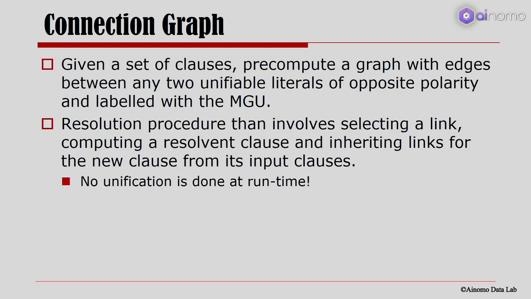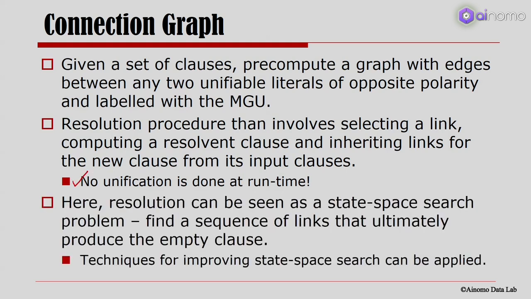One needs to realize that there is no unification at runtime. This can be seen as a state space search problem, where the idea is to find a sequence of links that ultimately produces the empty clause. Any techniques that I can use for improving state space search can be applied here as well.